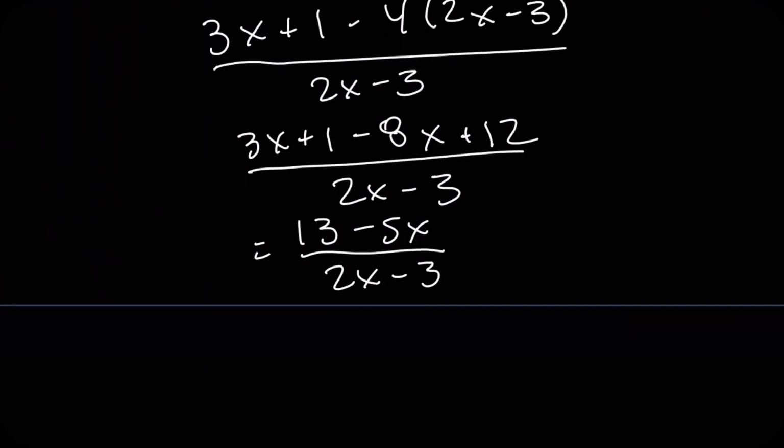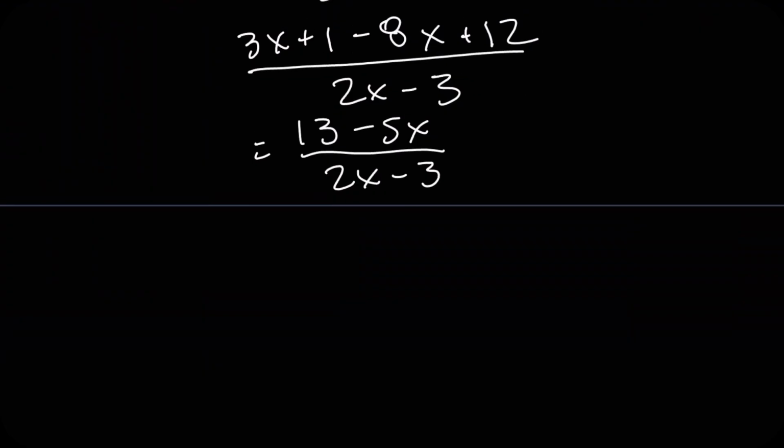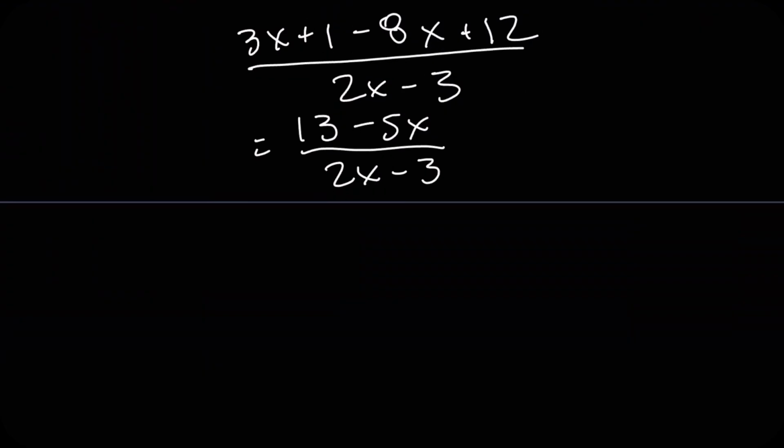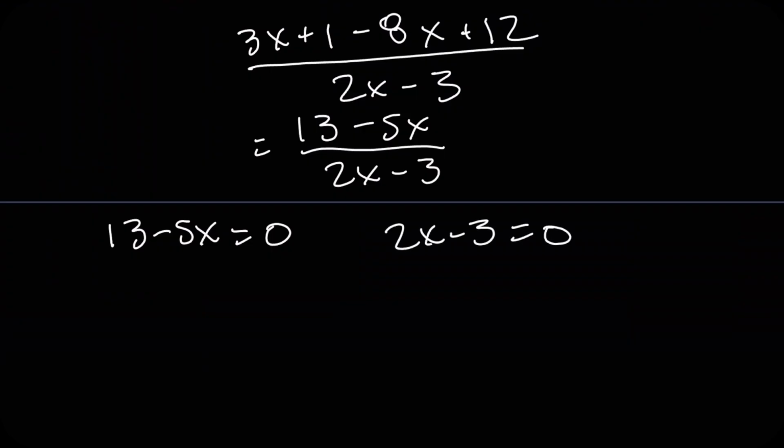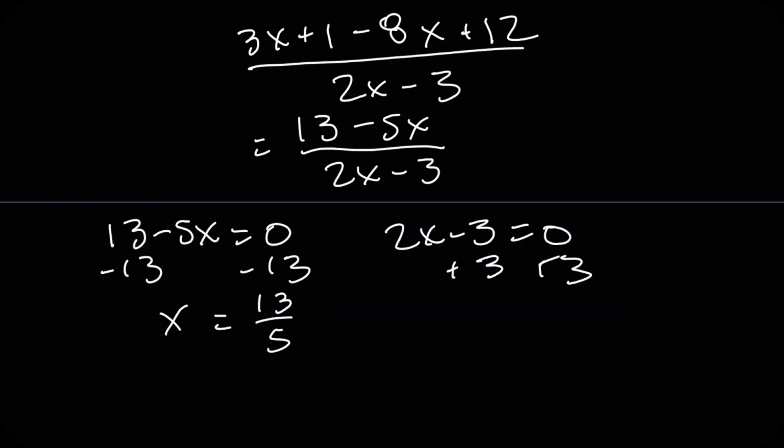So we can take our numerator, set it equal to 0, and then take our denominator and set it equal to 0. So we're left with 13 - 5x = 0, and then 2x - 3, that's also equal to 0. When you solve for x, you're left with x equal to 13/5, or x equal to 3/2.